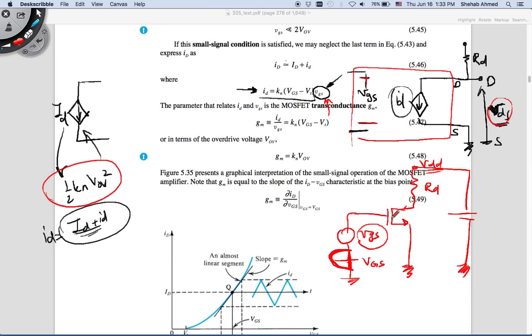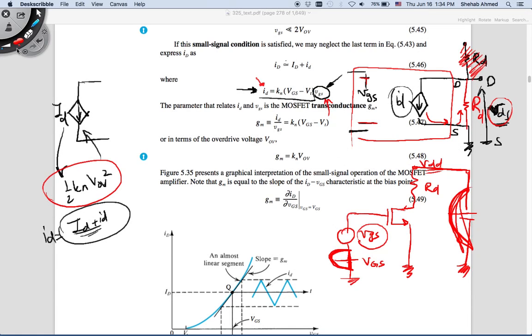But now I'm no longer calculating the DC operating point, I'm only looking at the AC operating point. The only thing that affects the AC operating point is this VGS according to our equation here. So this actually also has to be a short circuit, which means that this resistor now needs to be placed at the output. So this resistor is not up here anymore, it's down here. So current that's flowing will be flowing through this resistor and hence creating an output voltage VDS.